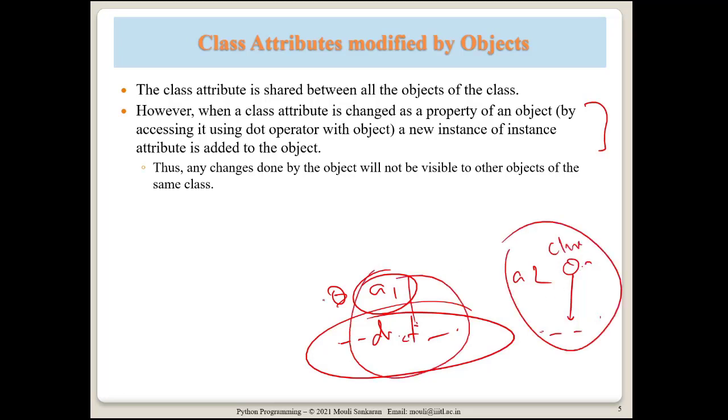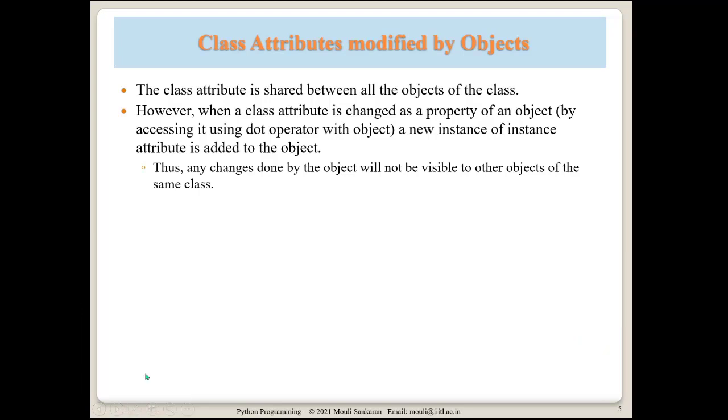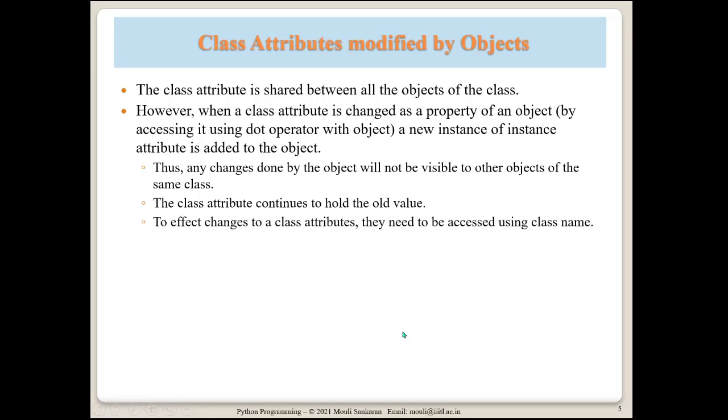So they will maintain two different copies, available in two different dictionaries. So you will not have any clashes. The class attribute continues to hold the old value, and it continues to be in the dictionary at the class level, and the objects can have their own copies of those variables.